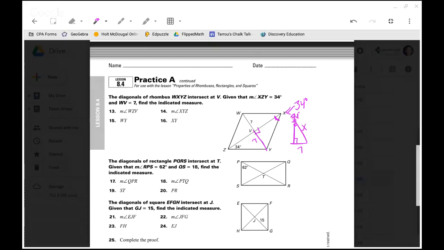So do we know a way to use that side that's opposite from the 34-degree angle to solve for the hypotenuse?